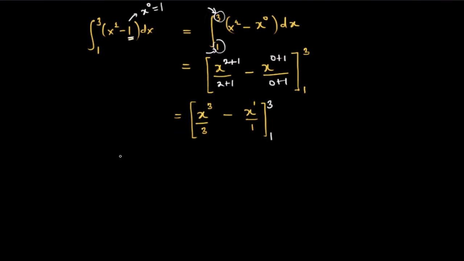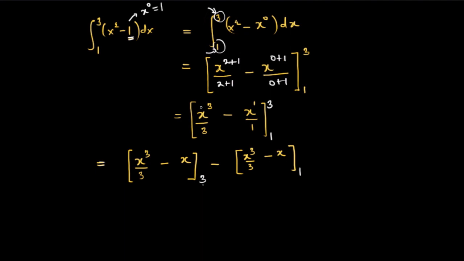What we have here is x cubed divided by 3 minus x, since x to the power 1 divided by 1 is just x. To evaluate this, I want to split this algebraic expression into two, such that the first has the upper limit 3, giving the function value at 3, minus the same expression with the function value at 1.